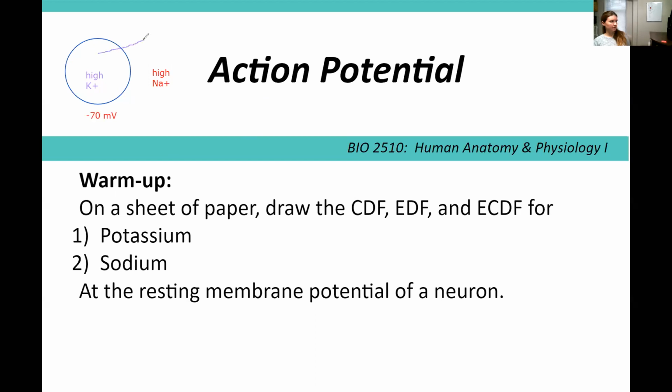So remember that for the chemical driving force, that's the CDF, we're always going from high to low concentration. So that's like, say we have 3 moles of potassium inside the cell, 2 moles of potassium outside the cell, we're going from high to low. So that's our chemical driving force for potassium.